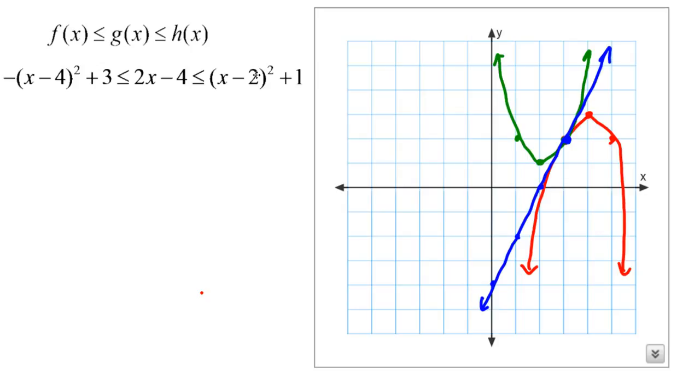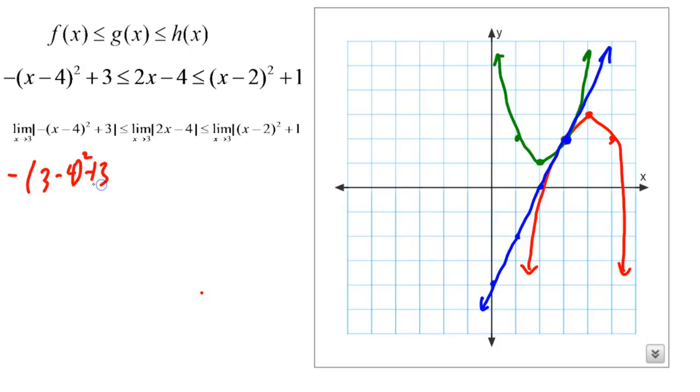Now, if I took the limit of each of these functions as x approaches 3, well, what would I get for each? Well, if you think about it, doesn't that mean find the y value when x is approaching 3? So I get negative parentheses x minus 4 squared plus 3, with x replaced with a 3. So that would be negative 3 minus 4 squared plus 3. Well, doing the math there, I get negative of negative 1 squared plus 3.